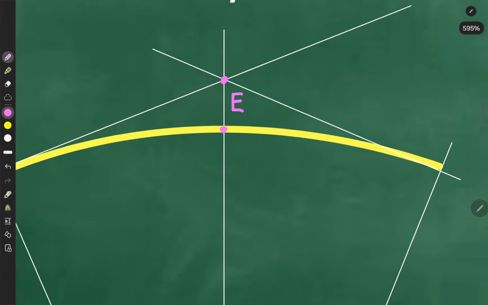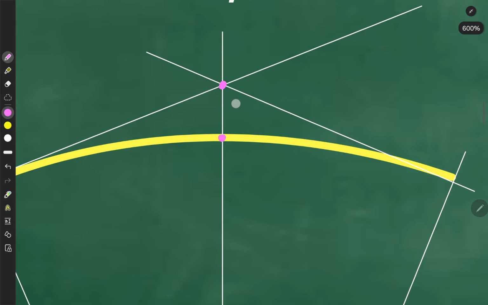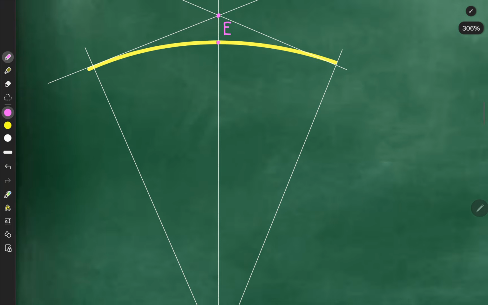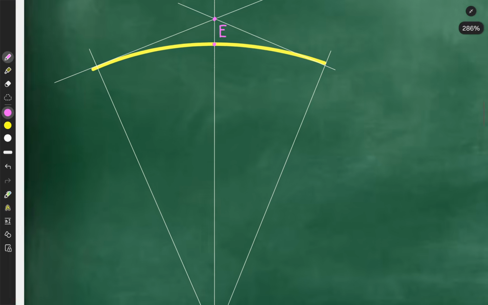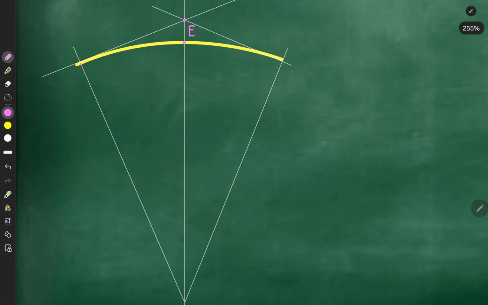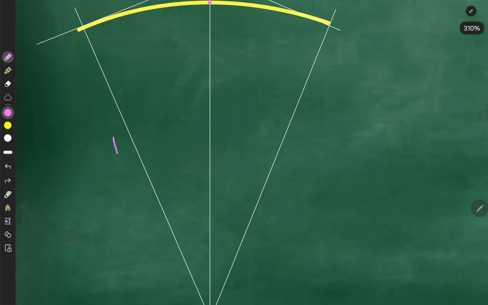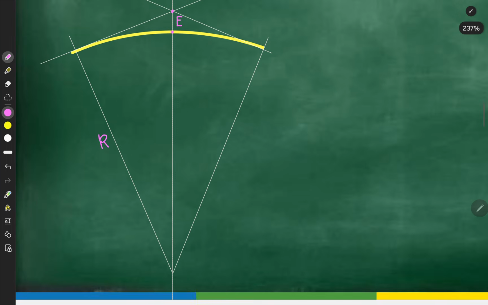Okay, so if we want to determine the measurement of our external distance, we are going to consider this triangle. So this is our radius. Ano naman yung tawag natin from this point to this point? This is still our radius, tama?